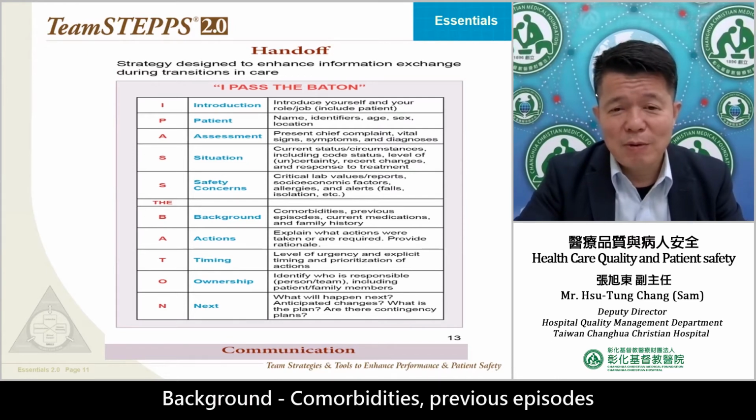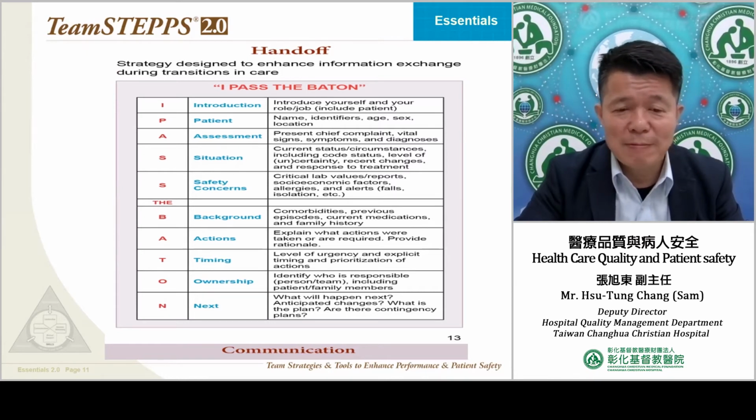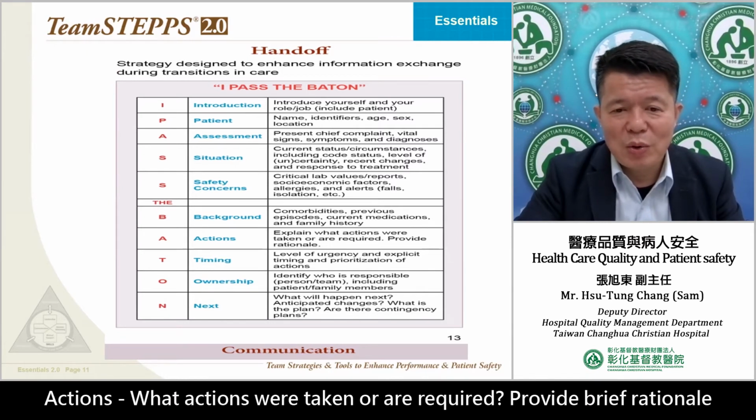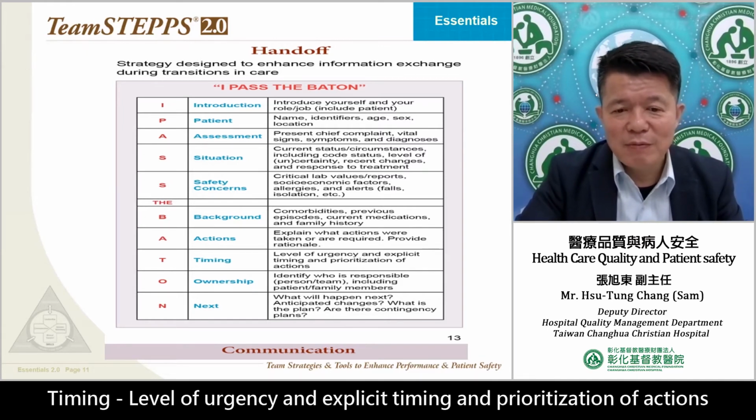Background: comorbidity, previous episodes, current medications, family history. Actions: what actions were taken or are required, and provide a brief rationale. Timing: level of urgency and explicit timing and prioritization of actions.